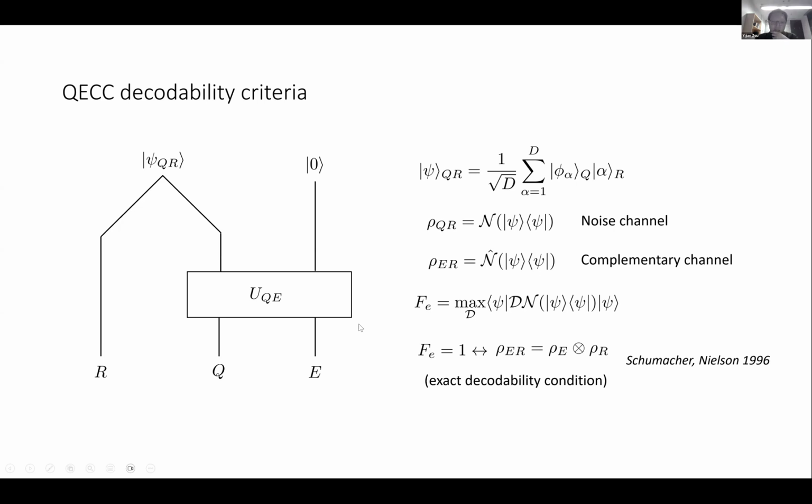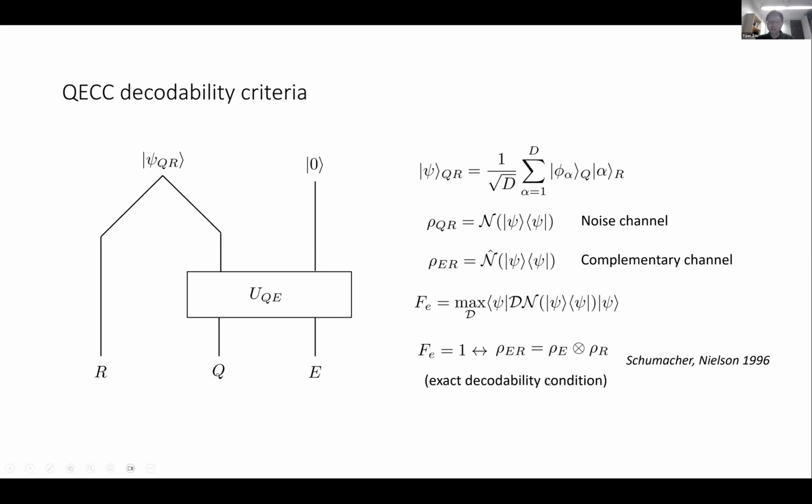The decoupling condition basically says that if you apply the complementary channel, then you require that rho_ER is a decoupled state between the environment and the reference. That basically means that quantum information doesn't leak into the environment. Because you are tracing out the environment, you don't keep it, so you don't want any information to flow to the environment. That is what the decoupling condition is saying.